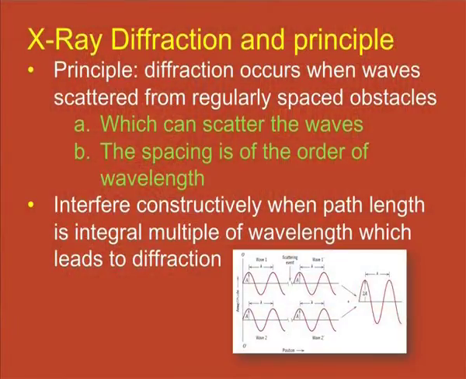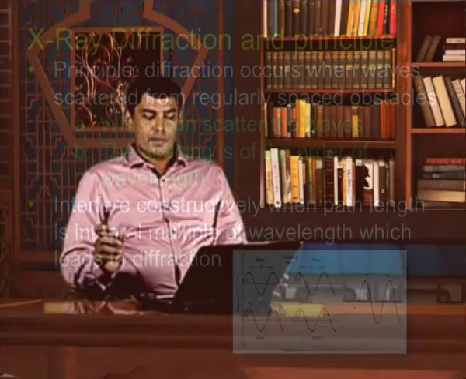X-ray diffraction and principle. The principle of X-ray diffraction is that waves are scattered from regularly spaced obstacles, which can scatter the waves and are equally spaced, and the spacing between the obstacles is of the order of the wavelength of the waves.